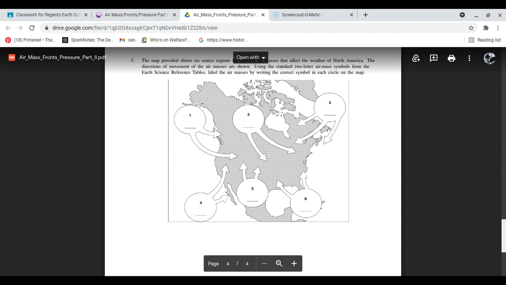Number 1 is clearly over an ocean, right? So we know right off the bat it has something to do with water. And if it's over a continent, then we know it's dry, so it's some type of continental.